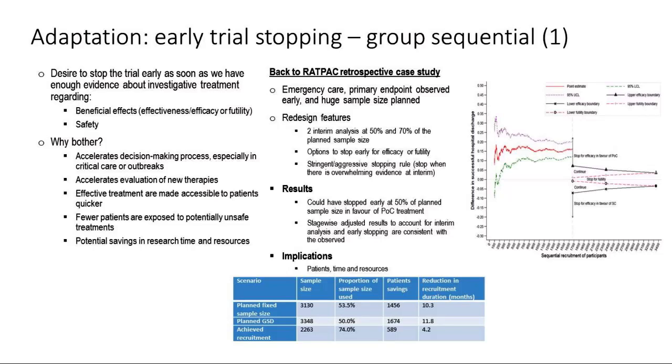Yeah. I have a question about futility. How do you decide the condition to stop the trial for futility? For futility, right. The idea is that we're saying a treatment is futile if the difference between the two treatments is close to zero.